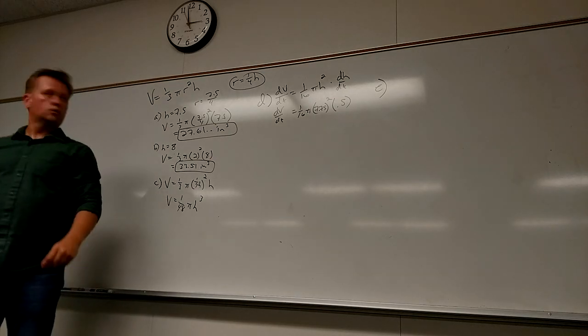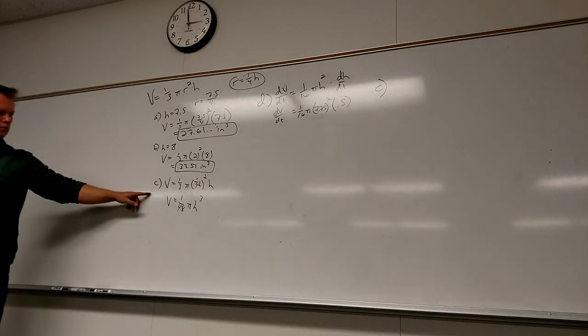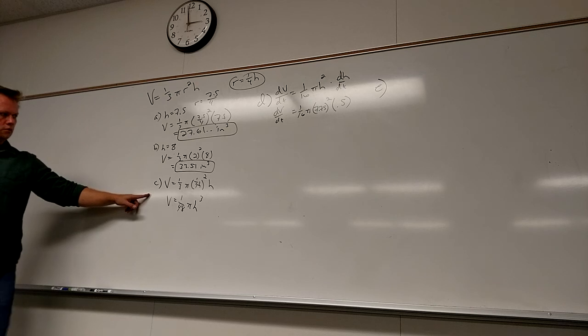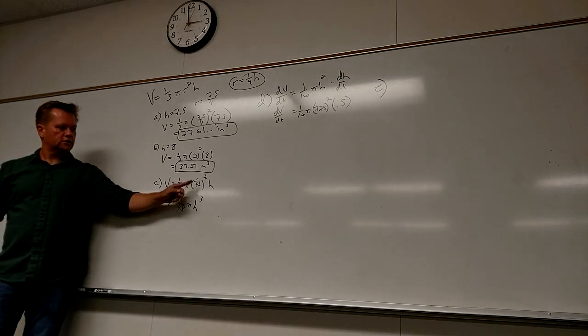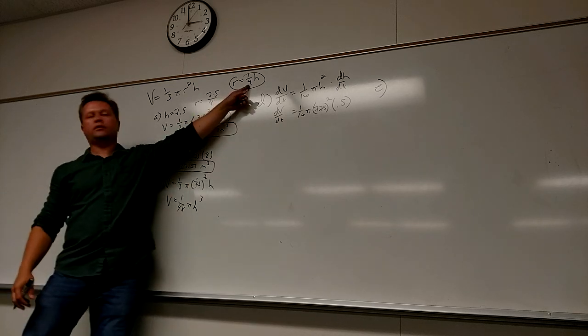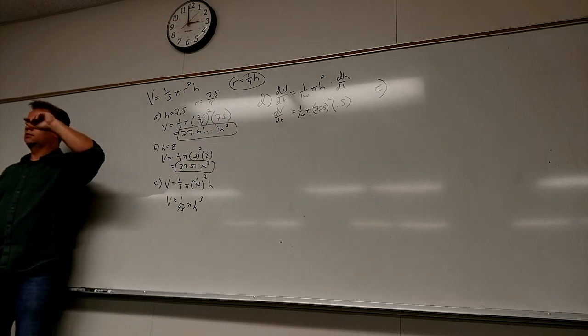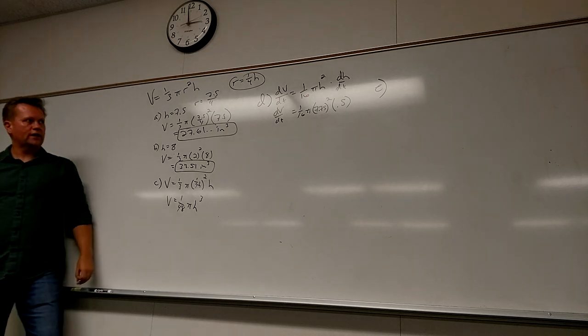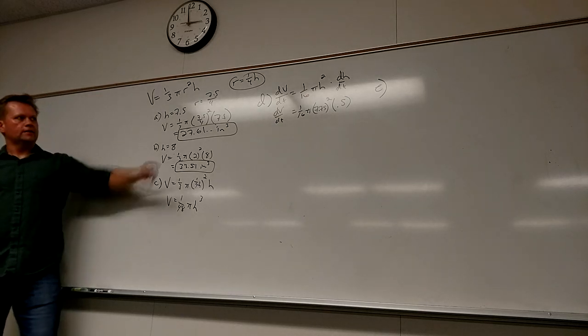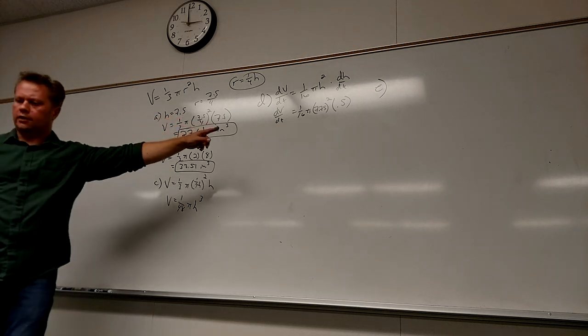In part C, in the first one, is that 1/3 times pi times 1/4 h, because this is r squared, and what's r? 1/4 h. Oh yeah. Diameter is half the height, so the radius is 1/4 the height. It's half that. And then plug it in the calculator, what do you get?